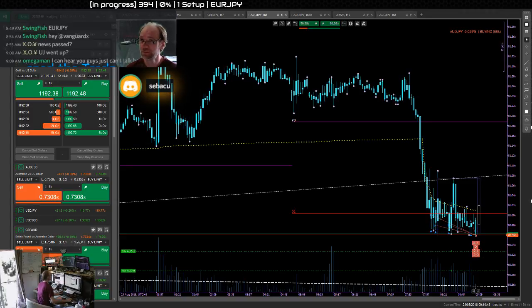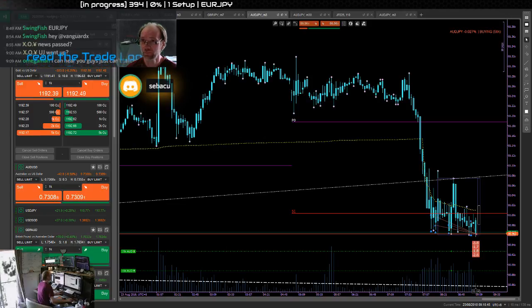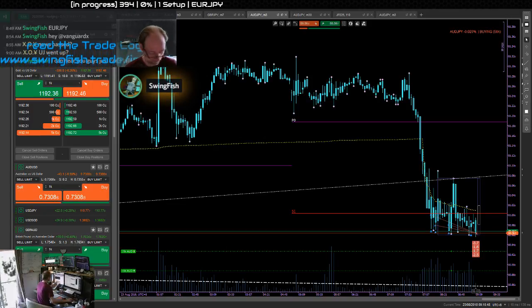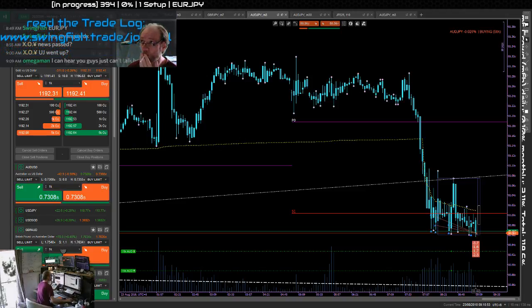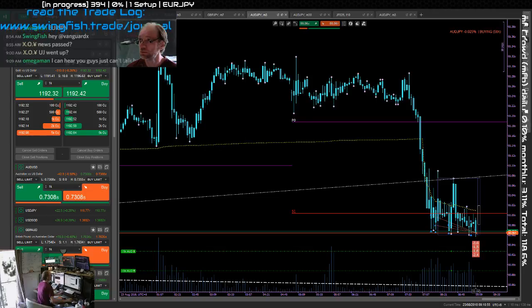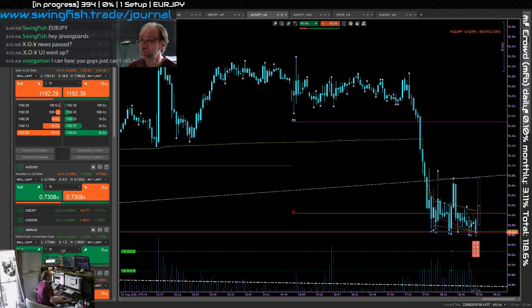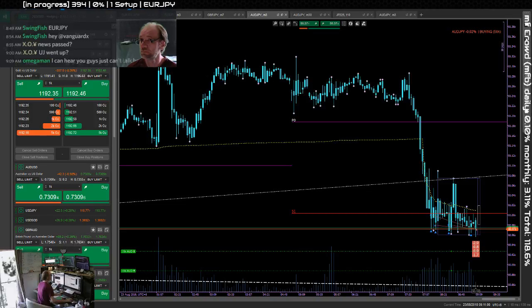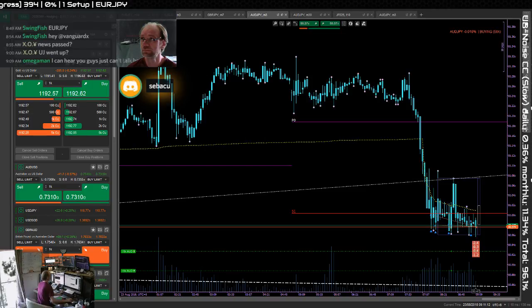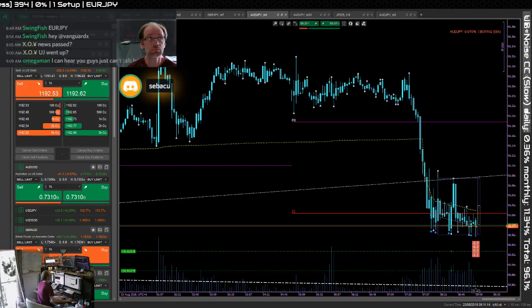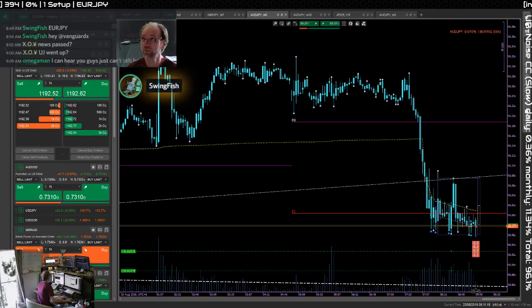Yeah. Is Yen going to pick up my orders? Dollar is still struggling at resistance. So yeah, if it goes down, that would be good for the euro.